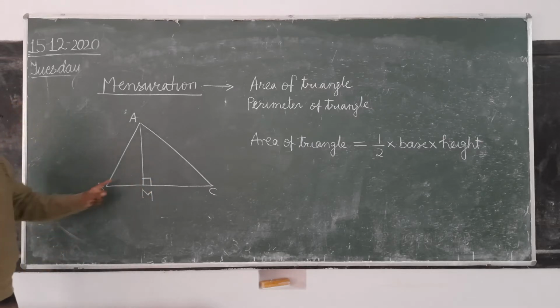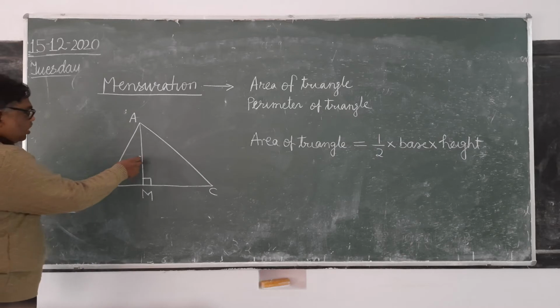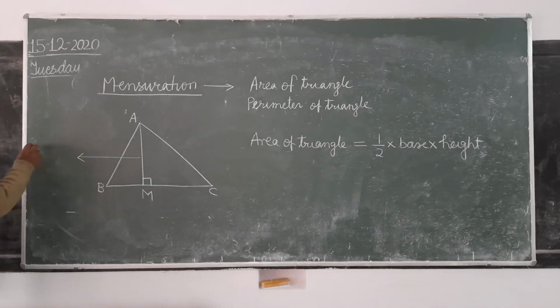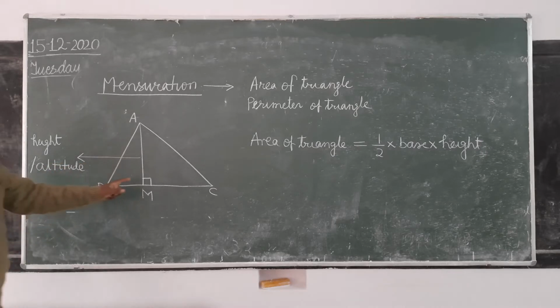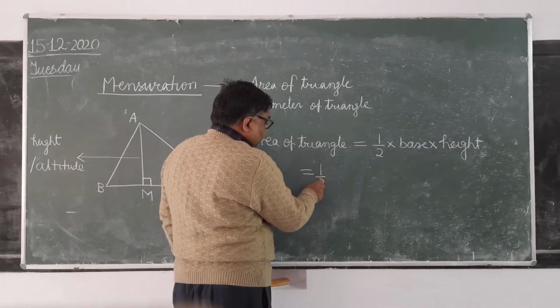So if BC is the base, then AM will be the corresponding height, the corresponding altitude. We call this the height, or there is another name, altitude. So when we take BC as the base, height will be AM.